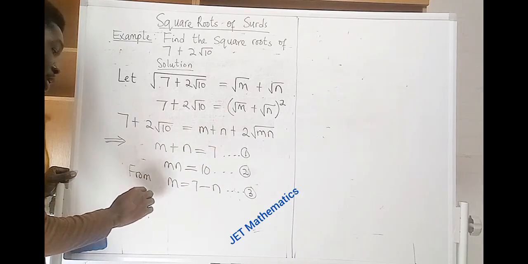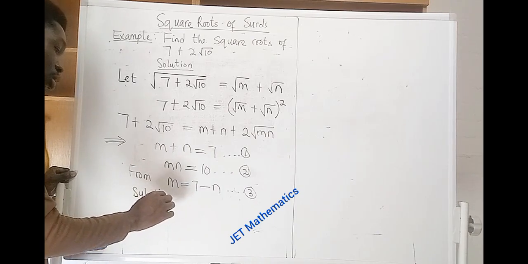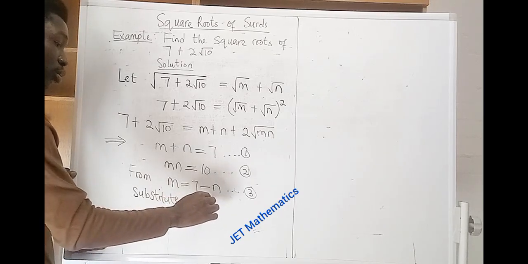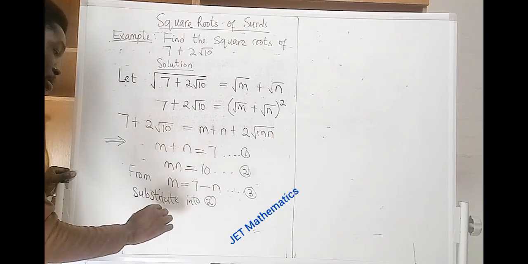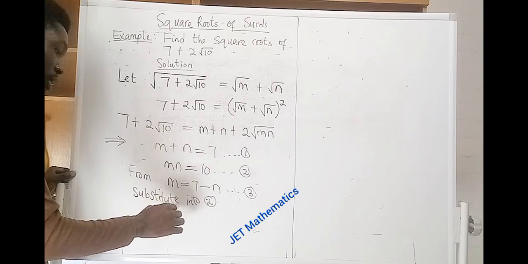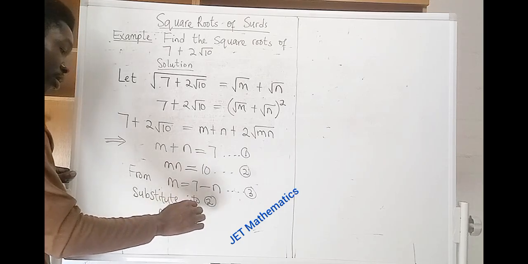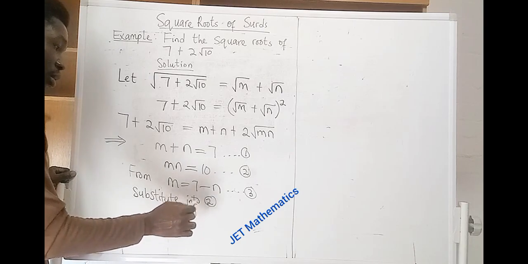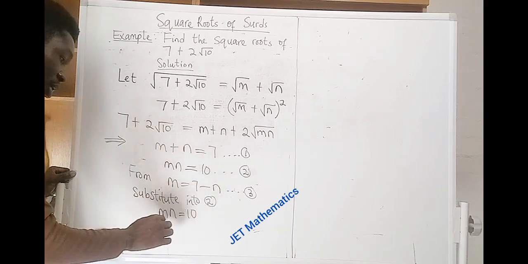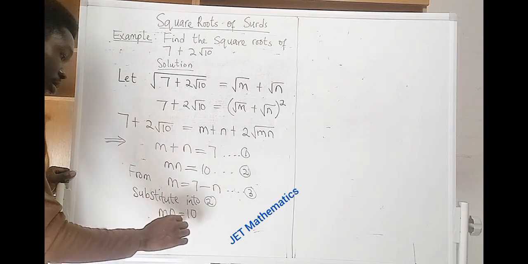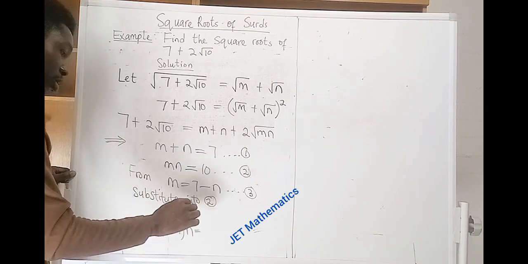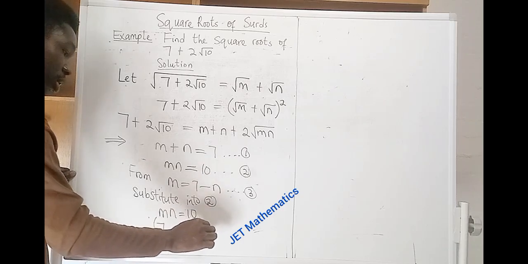We have mn equals 10 from 2. Anywhere we see m, we put 7 minus n. So we have 7 minus n, bracket n, is equal to 10.